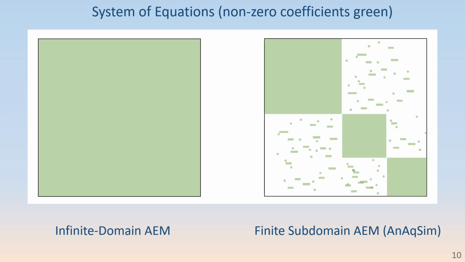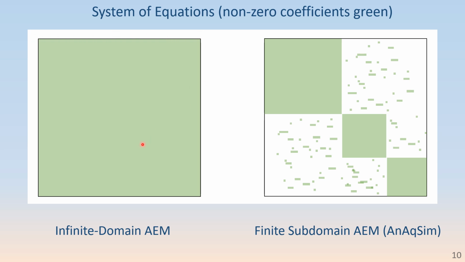This slide shows conceptually the difference between the infinite domain AEM approach and Anaqsim's finite subdomain approach with respect to the system of equations that gets built. The entire system of equations is what's bounded by this black box.